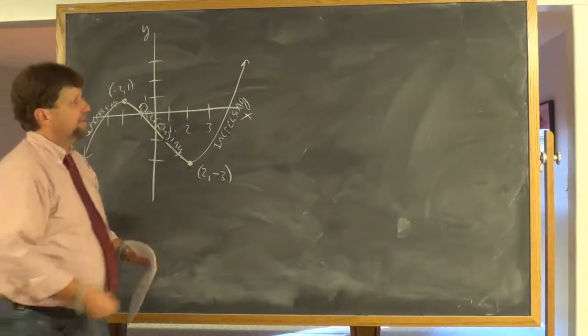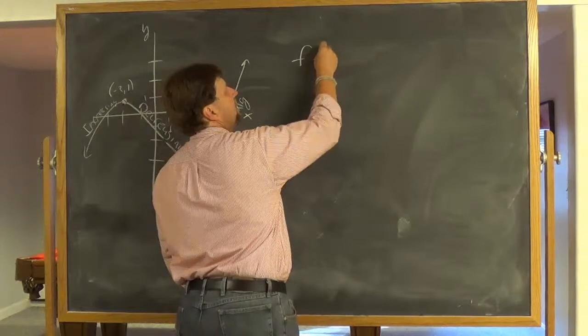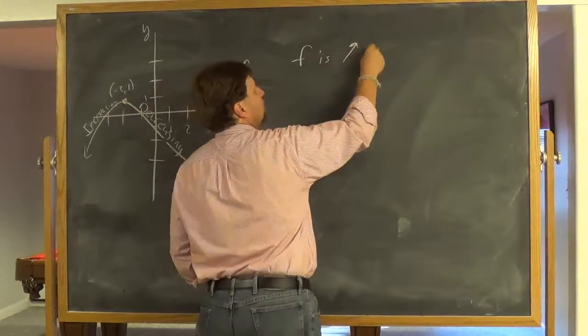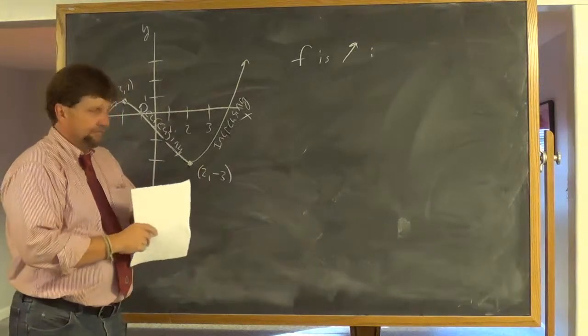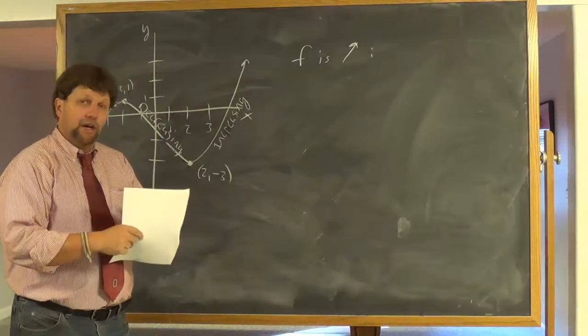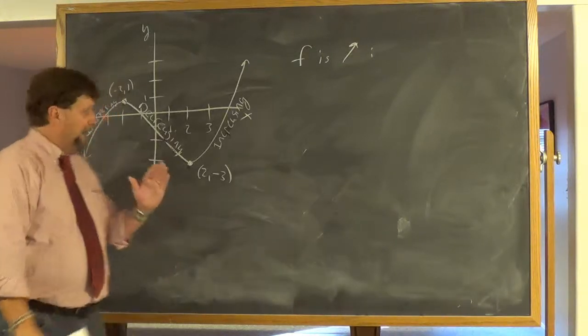So for this function, I could actually write the following. I'm going to use some shorthand notation. I could write intervals for where the function is increasing. And the intervals I write are going to be talking about x values, values from the domain.